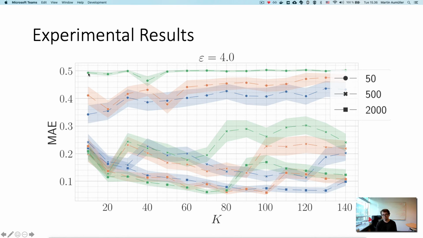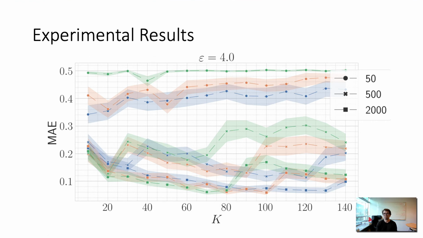So what do we see here? First of all, the number of items has a great influence on how well we are able to estimate Jaccard similarity. If we have only 50 items, then we see our mean error is between 0.35 and 0.5. Jaccard similarity is a measure between 0 and 1.